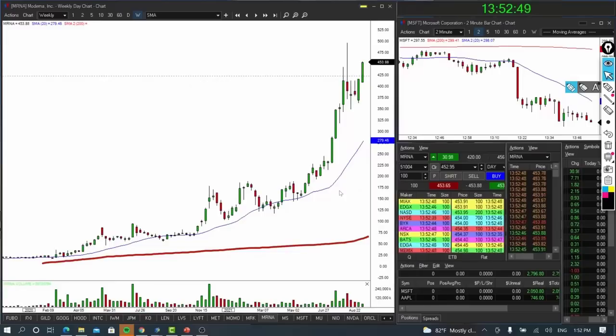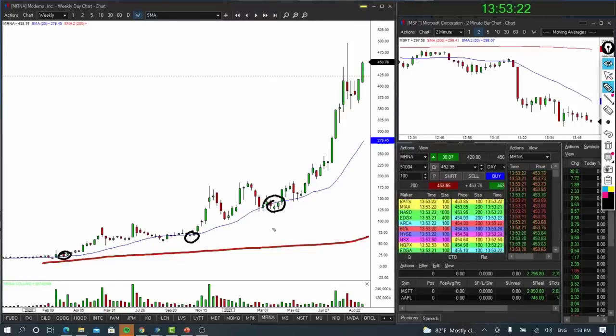Now, remember, there's a location concept I spoke about. Location is different from position. Location is near or far. So what location asks is, is your stock near one or the other moving average?